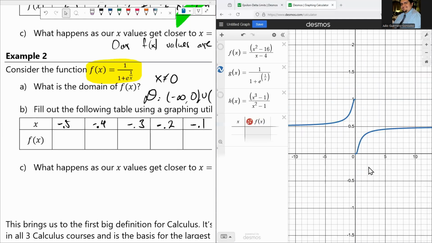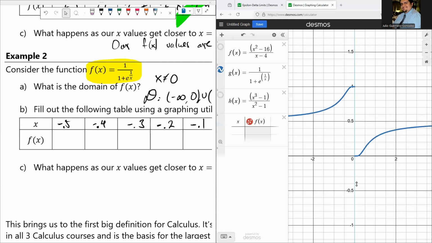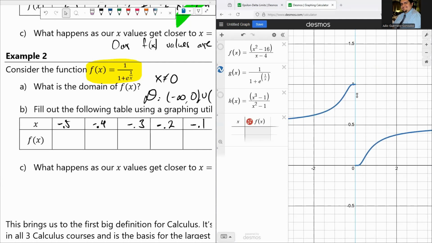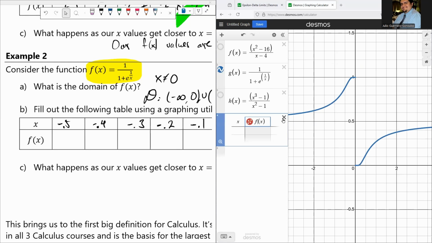There we go. Woo! All right, there it is. I'm going to change this to g so that it can compute values for me. I'm going to start plugging in different x values, and it's going to compute the y values for me.